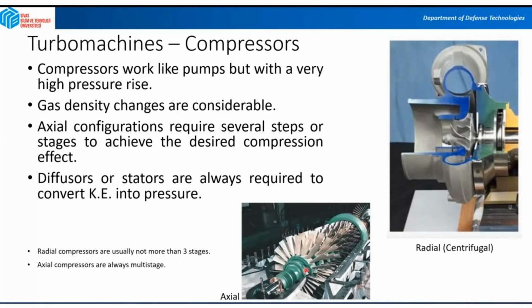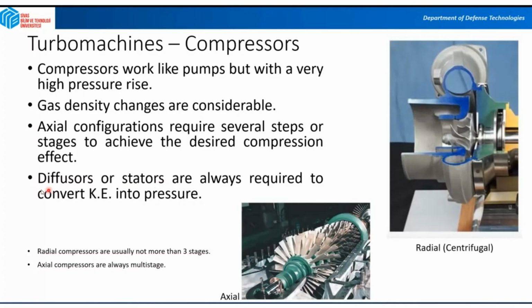We call them rotor blades, and some rows that are not rotating, which we call stators. Diffuser is the name for a kind of stator inside a radial or centrifugal machine. So for a radial or centrifugal machine, we call the stators diffusers. But when we are talking about stators inside the axial machine, we use the word stators.